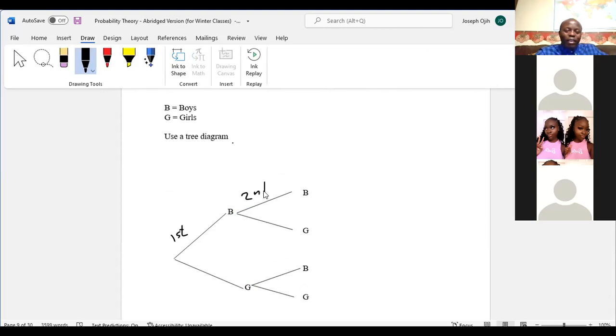The second child, okay? Now, the last one will be the third child.